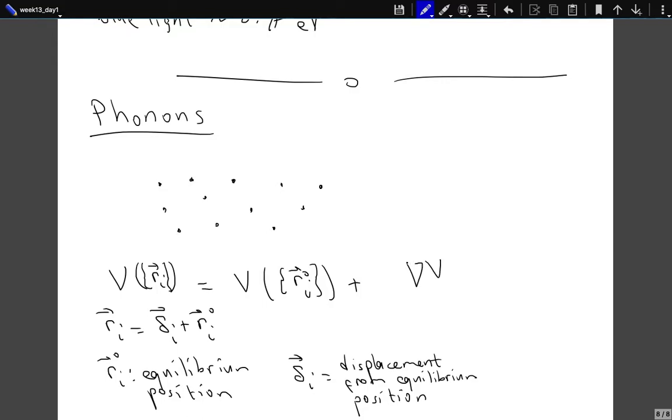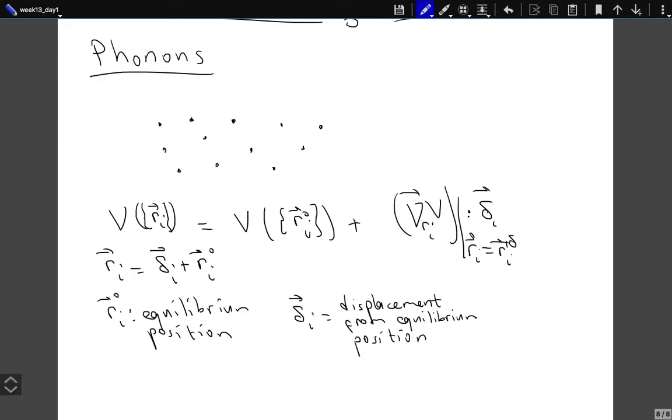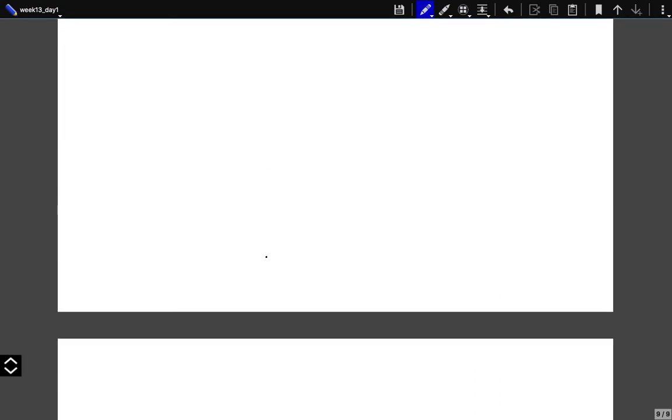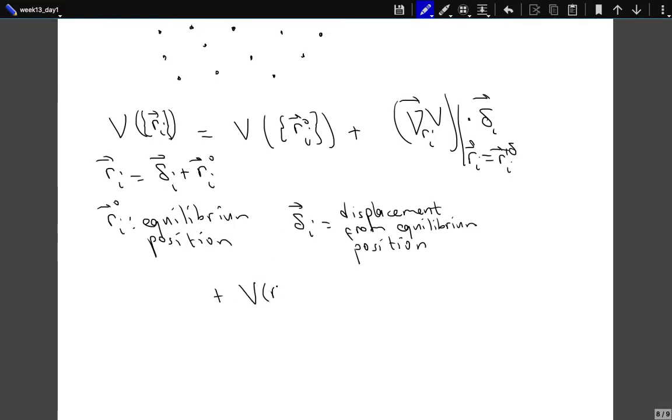Now let me write it in this form: when all of them are in the equilibrium position, times the variation, plus the second derivative, times 1/2, plus possibly many other terms.